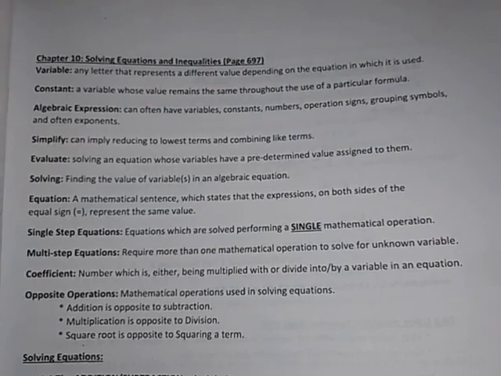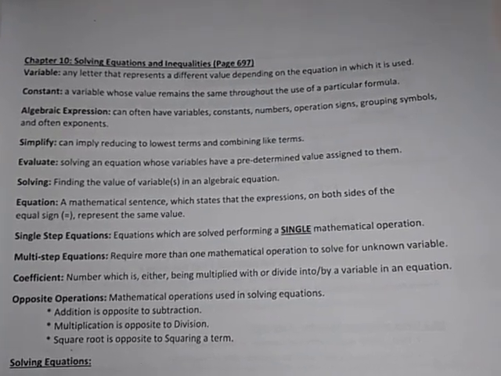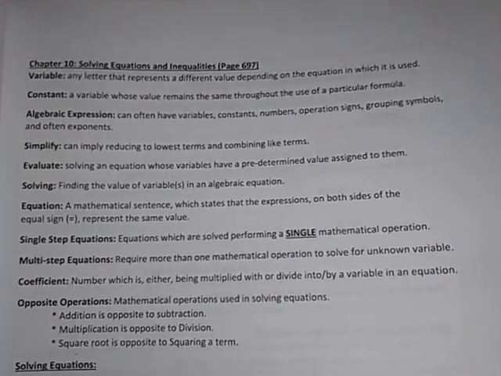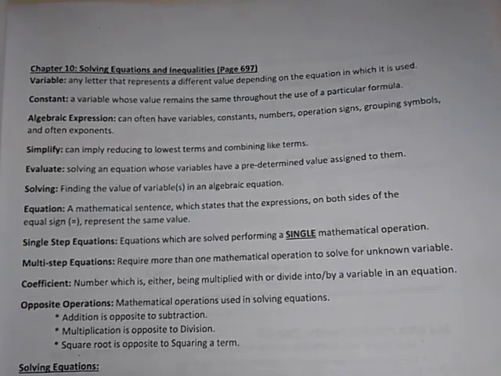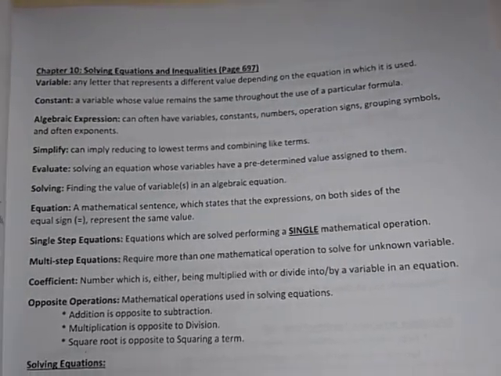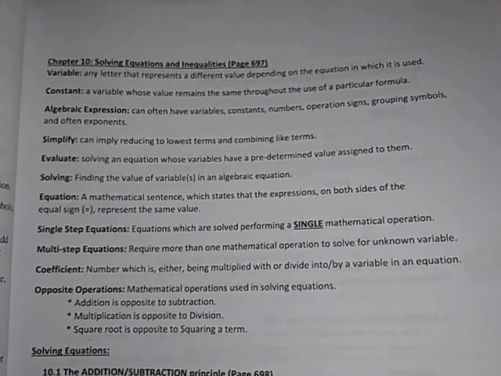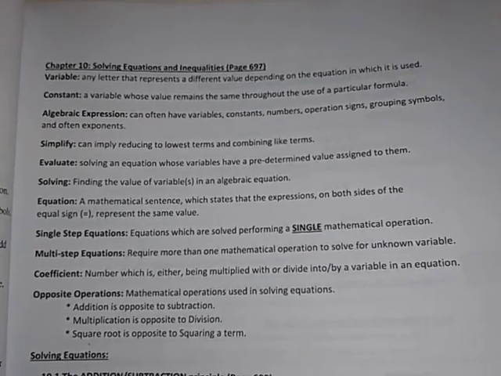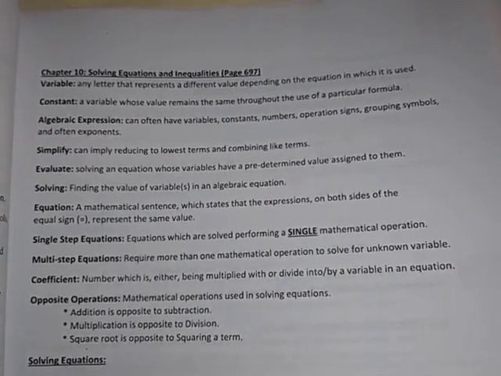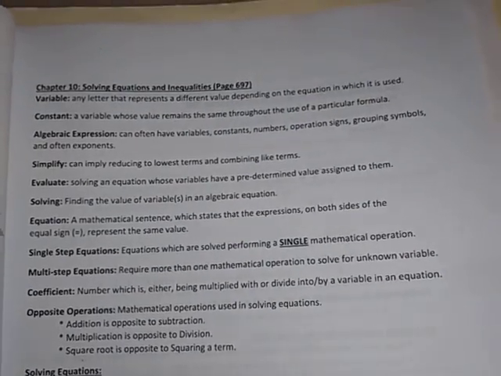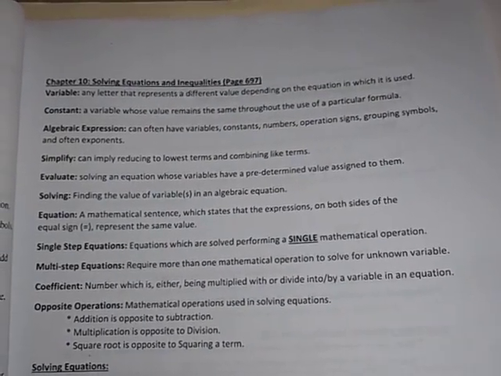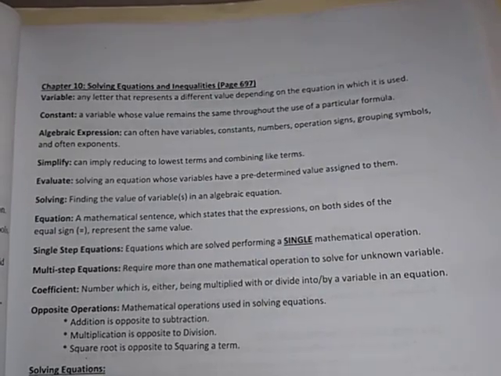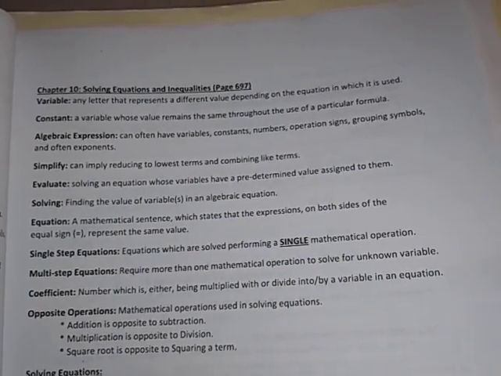In the previous class, we covered a bit of that, combining like terms or collecting like terms. We're going to go ahead and review that for the sake of this class in future sections as well. Evaluating is the solving of an equation whose variables have a predetermined value assigned to them. Solving is finding the value of a variable or variables in an algebraic equation.